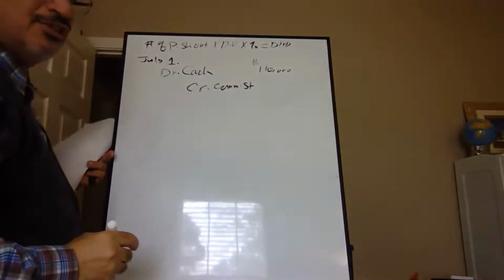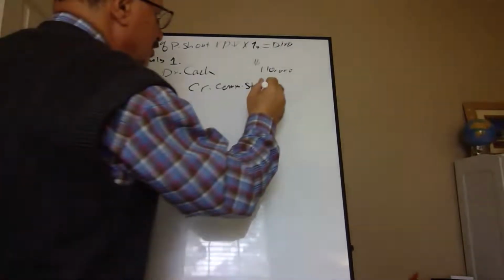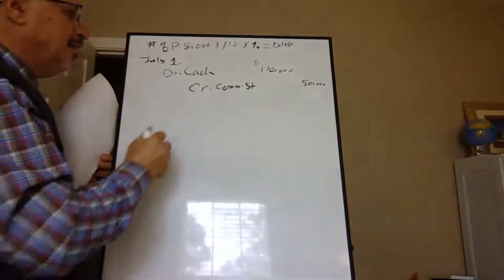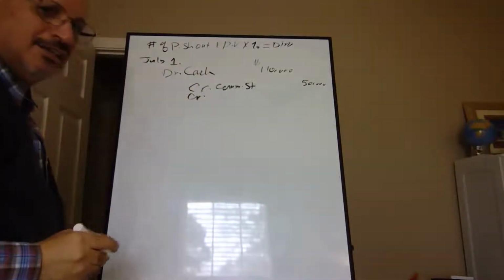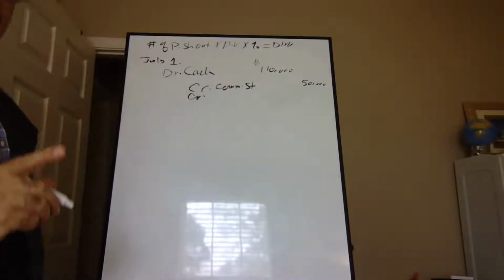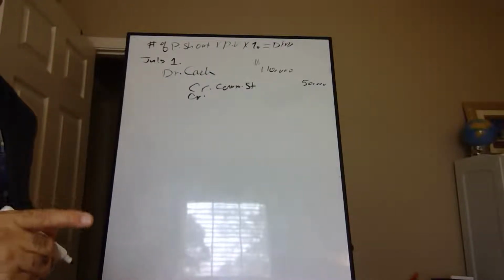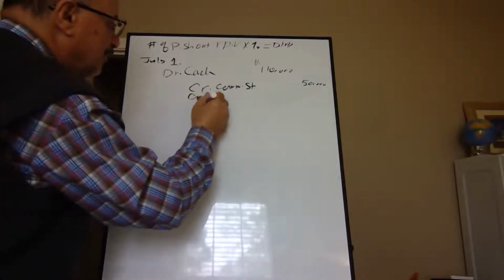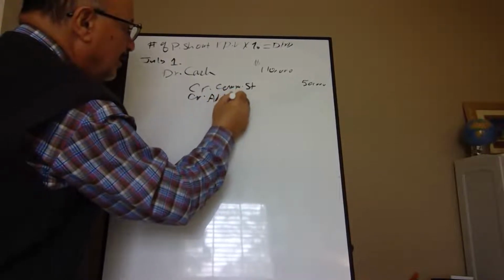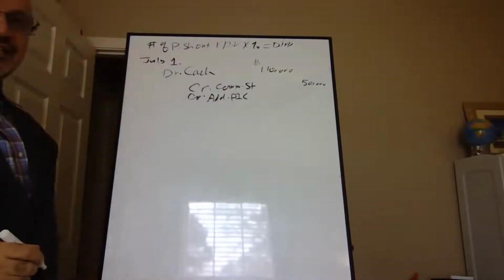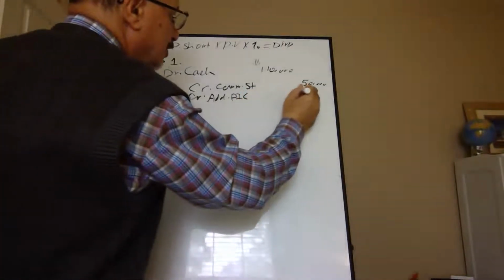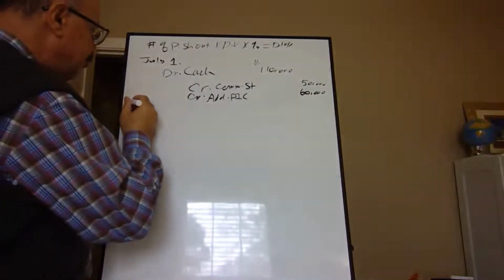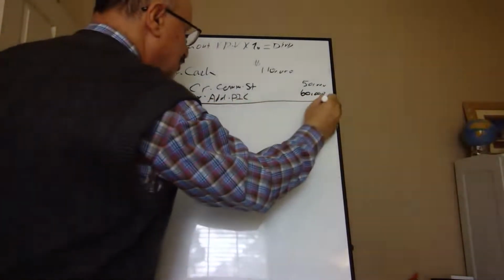Ten thousand shares times the par value of $5 gives $50,000, and we're going to credit additional paid-in capital in excess of par value for $60,000. That is July 1st.